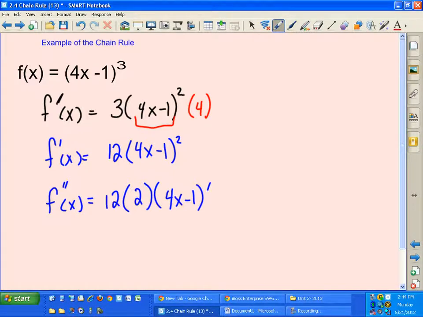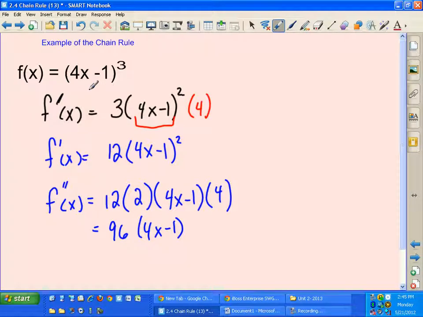And then multiply by the derivative of the inside, which then gives me something like, let's see, 8 and 12 would be 96 times 4x minus 1, and then I could distribute that if I wanted, and that would be our acceleration function when we have our velocity function up above and our position function at the very top.